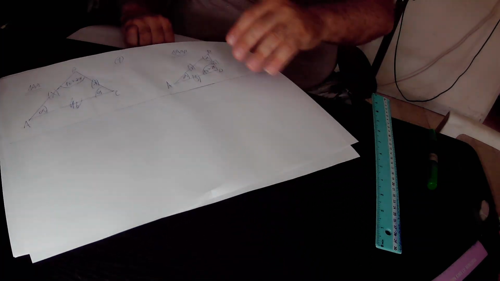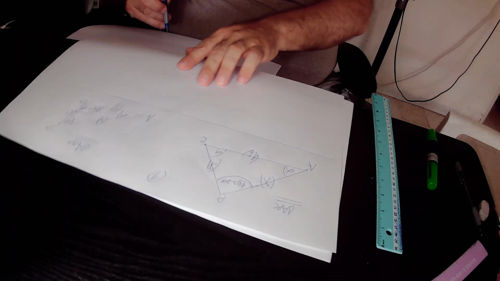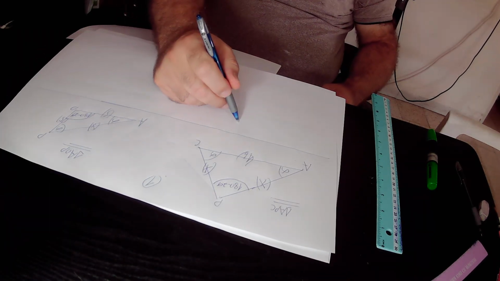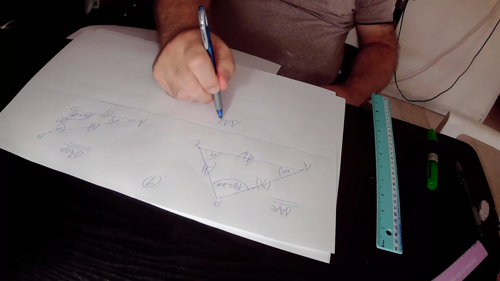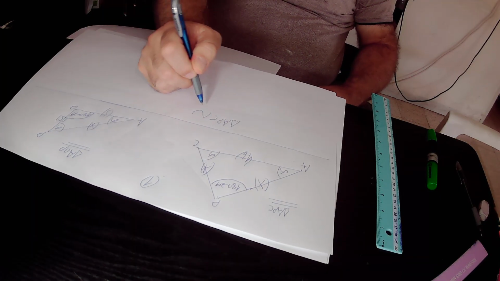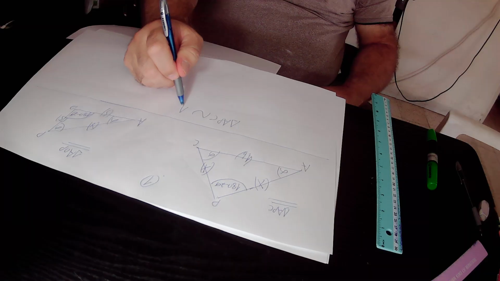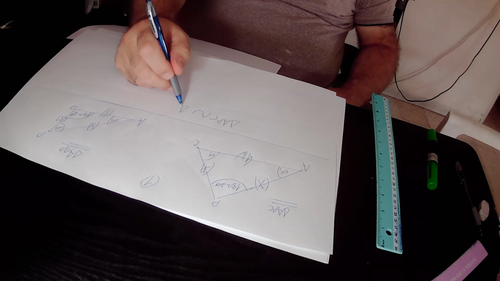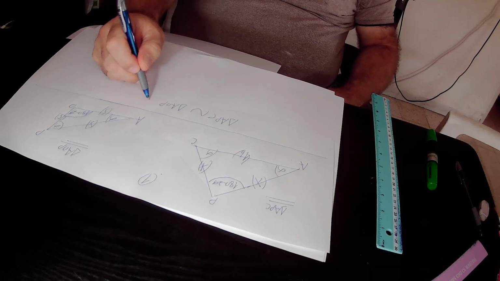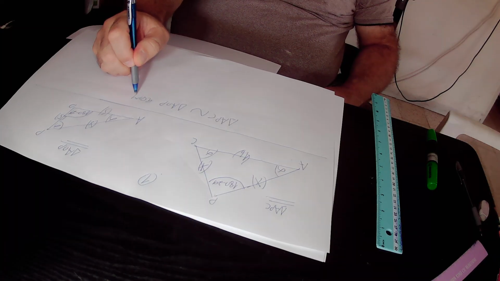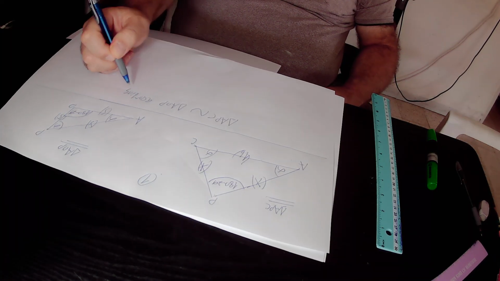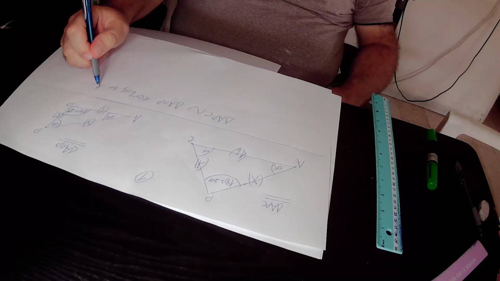So I write it down. We found out that the big triangle APC is similar, this is the sign of similar, to the small triangle AOP, according to the angle similarity rule.